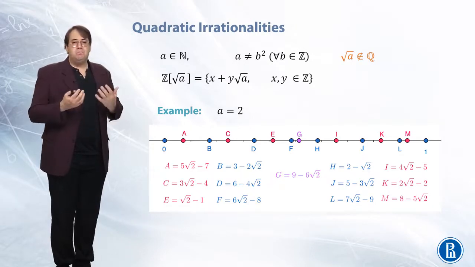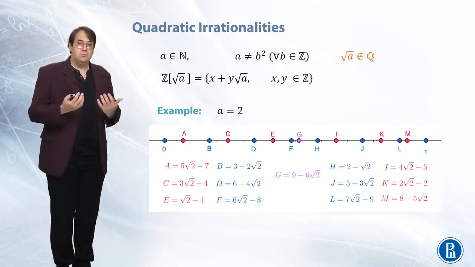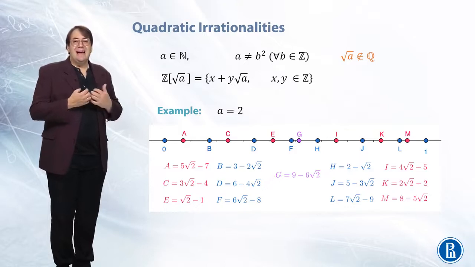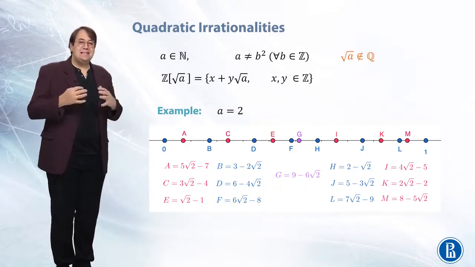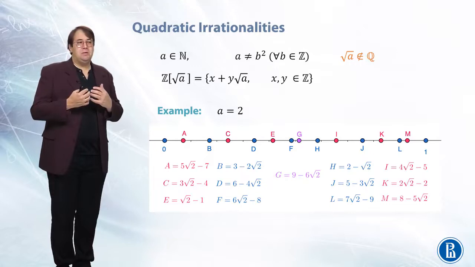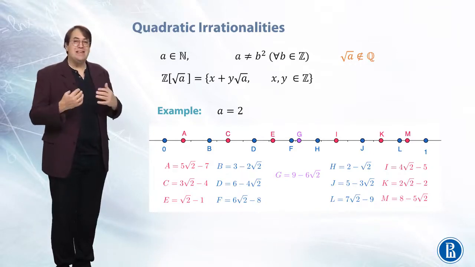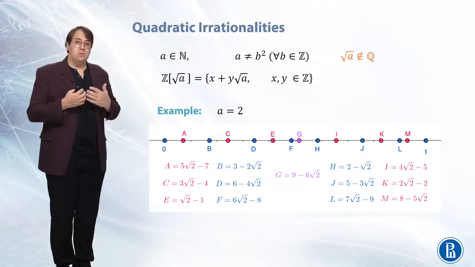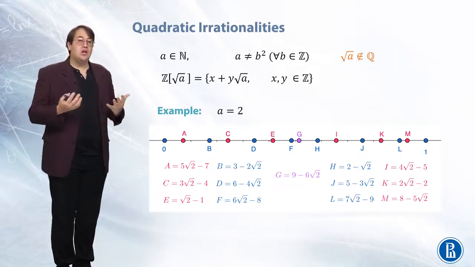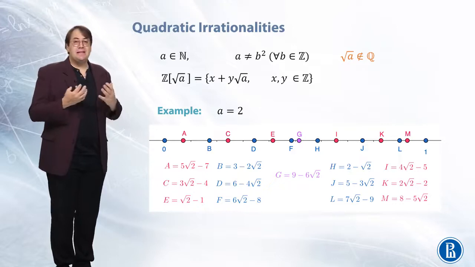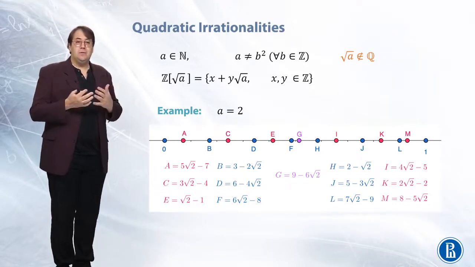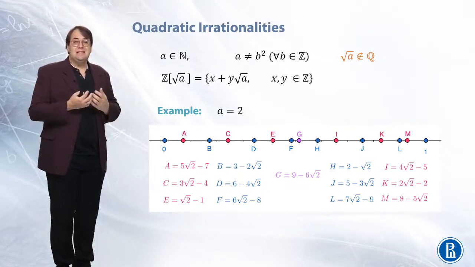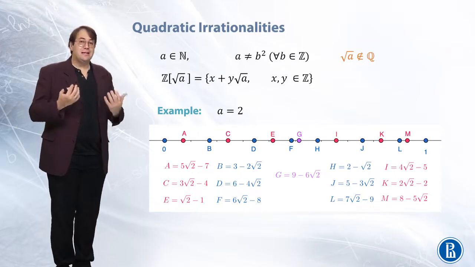Well, we see different points, and we understand that this set is somehow dense within the set of real numbers. Actually, we can prove it using Kronecker's theorem that the set of quadratic irrationalities is everywhere dense.